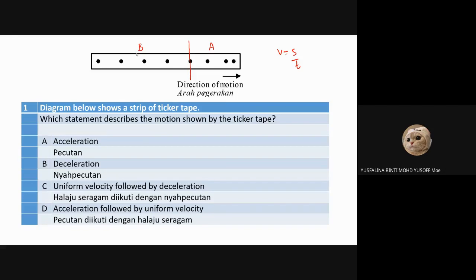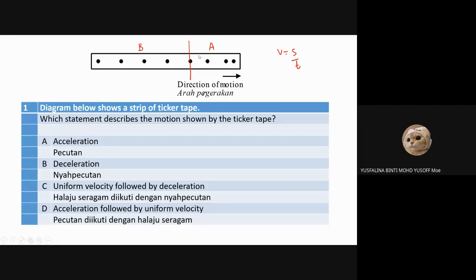What is the answer for number 1? D. Yes, very good. For this one, you can see the displacement increasing, so for A, the velocity is also increasing.